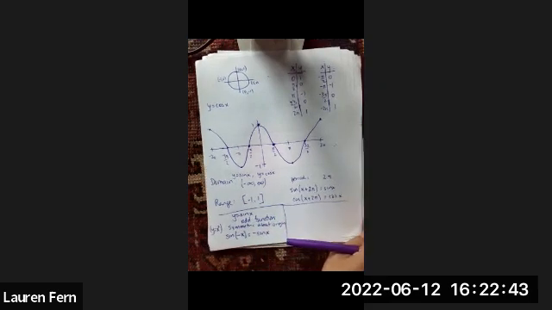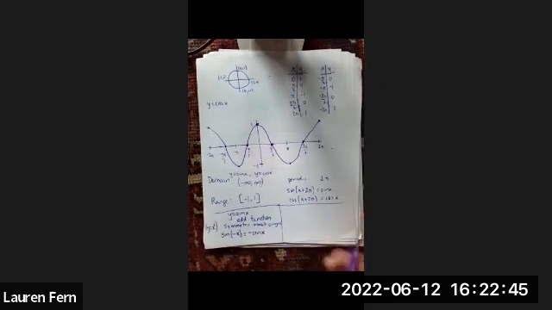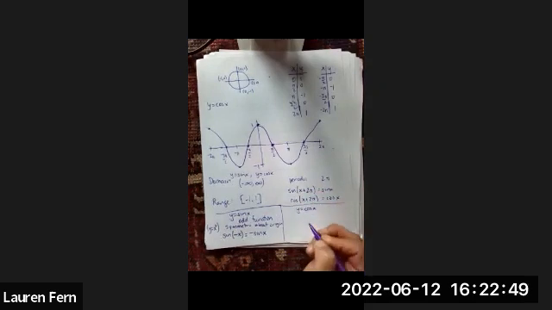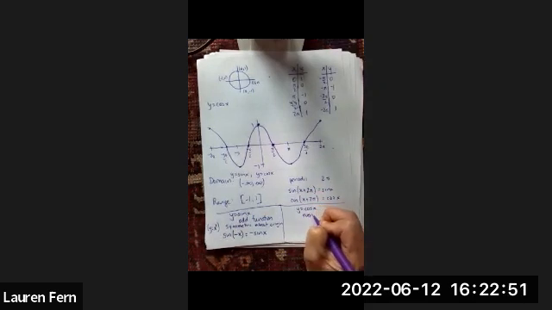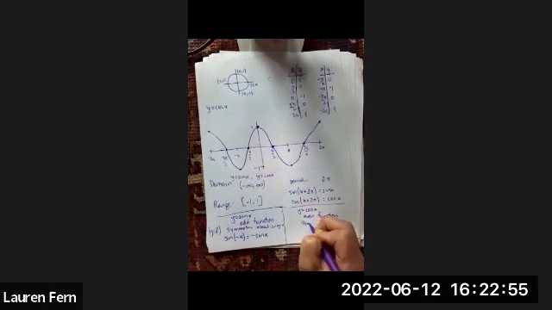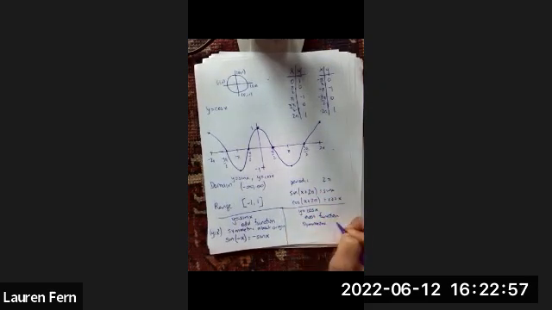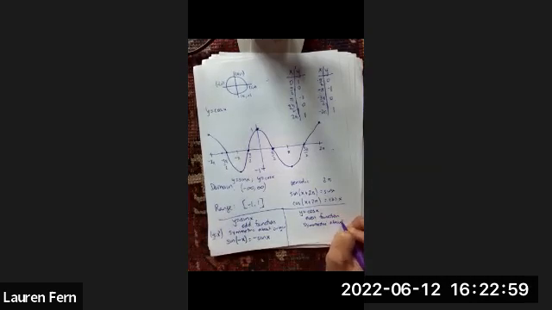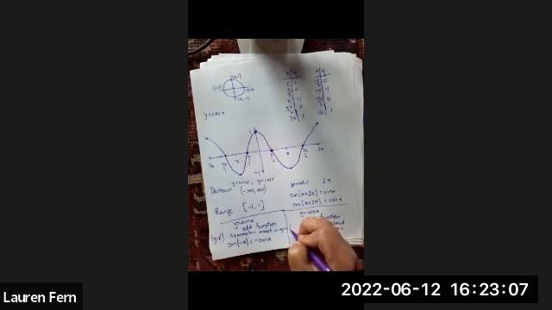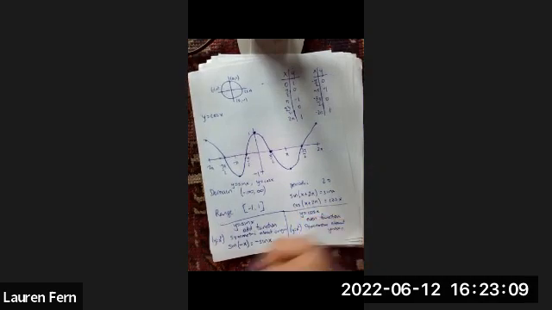Okay. Now, on the other hand, my cosine function is not an odd function. I claim it's an even function, which means that it's symmetric about the y-axis. And probably your most familiar even function is our general quadratic y equals x squared.